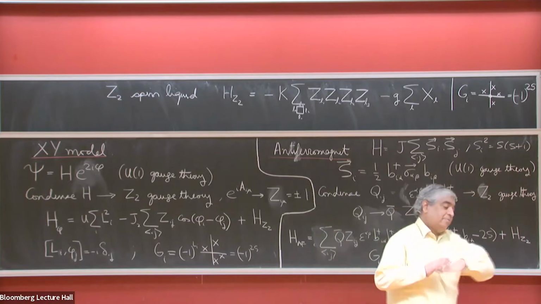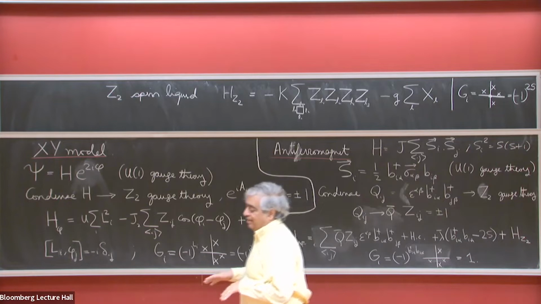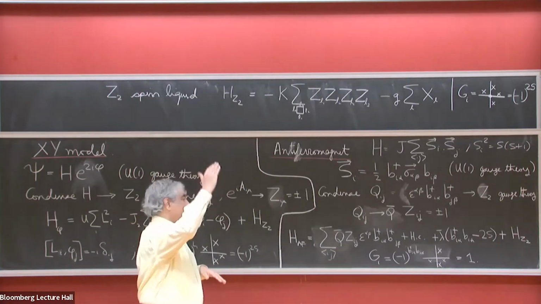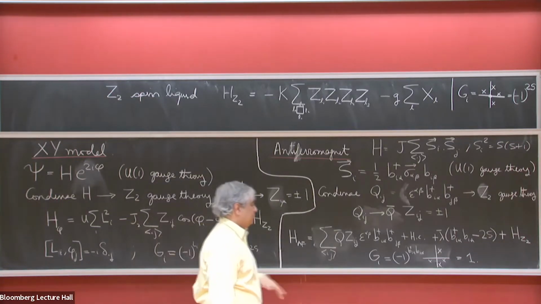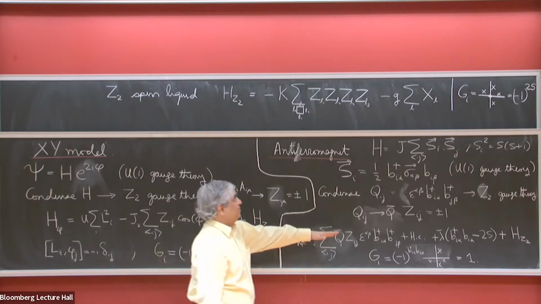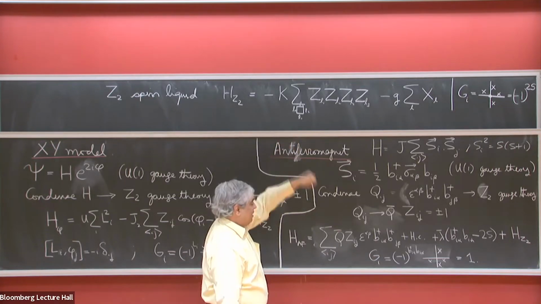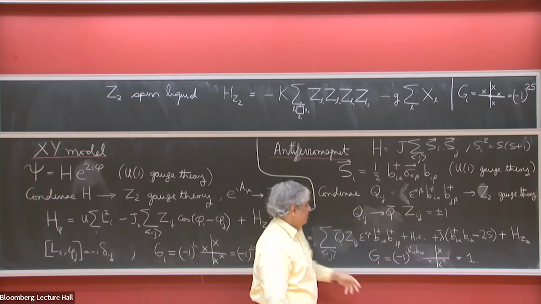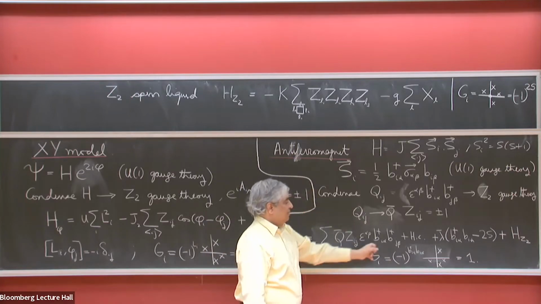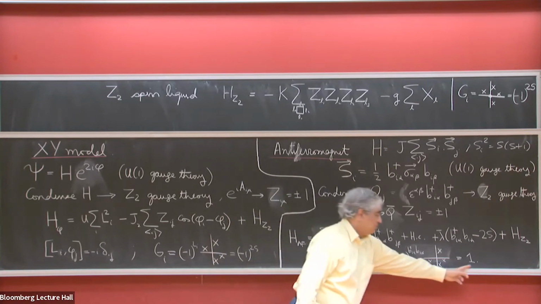But when you're deep in the Z2 spin liquid phase, and the spinons, which are the B particles or the phi particles, are very heavy, very high in energy, then you can ignore them and you go back to that theory, which is what we'll study in a few minutes. Finally, if you look at this Hamiltonian, this is a Hamiltonian for the Z's and the B's. It also has a gauge charge that commutes.